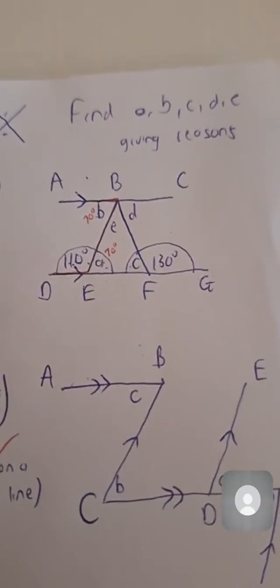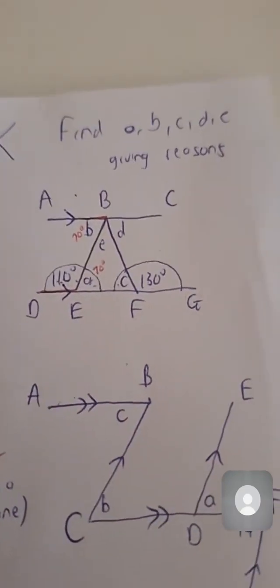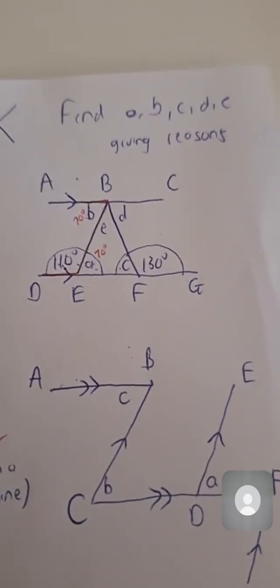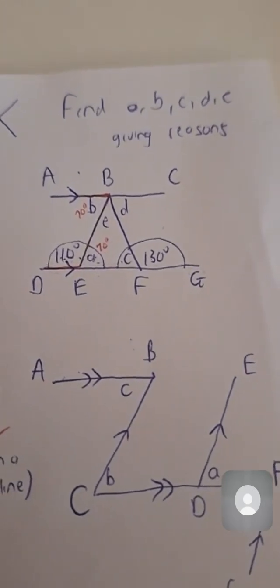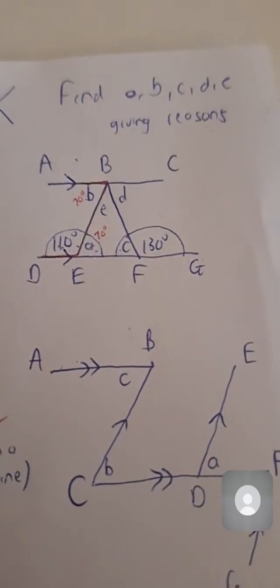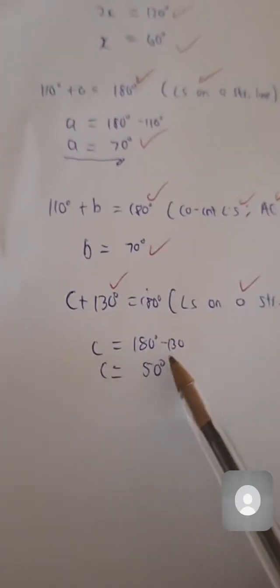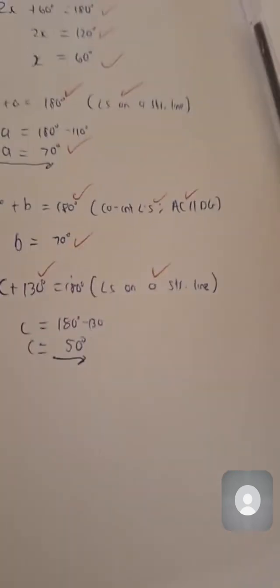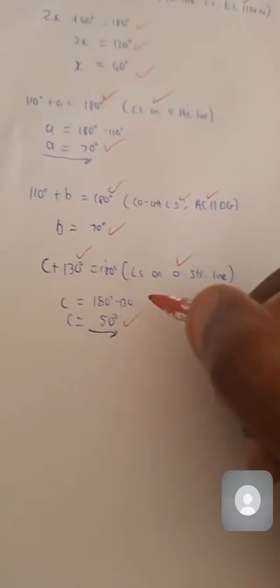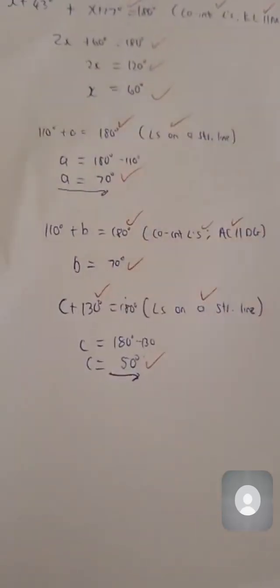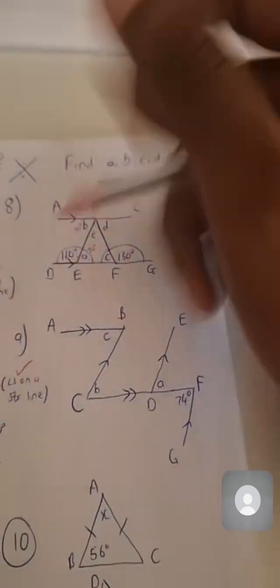And then C will be equal to 50 degrees. All right, epic. Yes, indeed. C is equal to 50 degrees because if we transpose, 180 minus the 130 will give us the 50 degrees. So indeed, C is equal to 50 degrees. Beautiful. Update our diagram as we ought to update it.